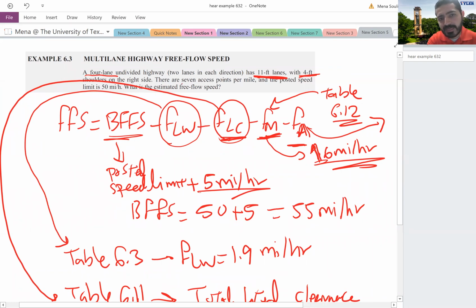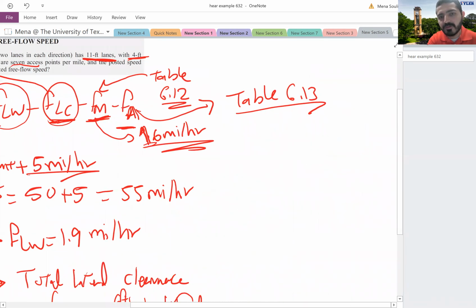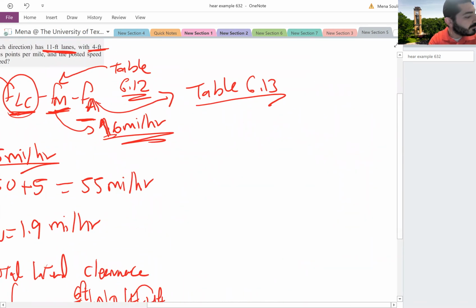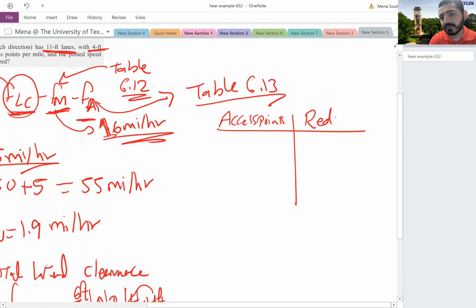We have 7 access points. The table says access points per mile versus the reduction, which is the FA.